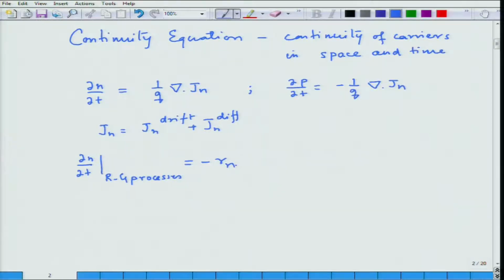And for the fourth term, which is the change in carrier concentration due to other processes, for most of the discussion in this course we will limit it to only photo generation, which is given a symbol here as G L n. So, we limit other sources to only photo generation.